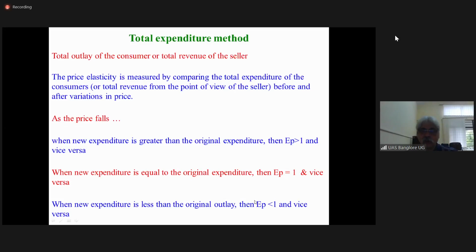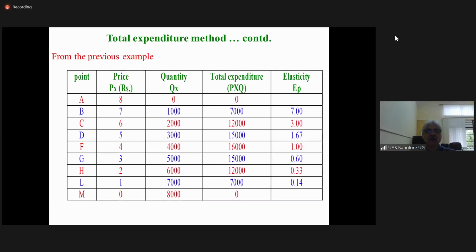This will be shown graphically and also with the help of a table. Now, this is the table that I presented in the morning. I had mentioned that you should remember this because we'll be using it frequently during this chapter.